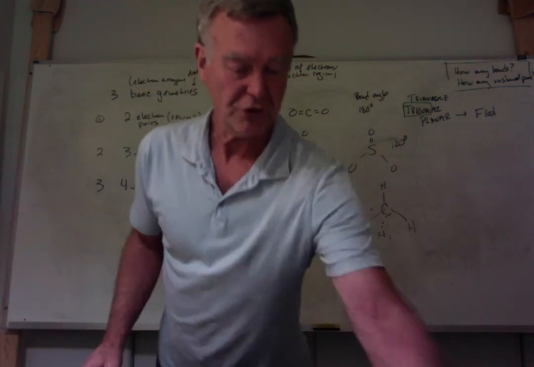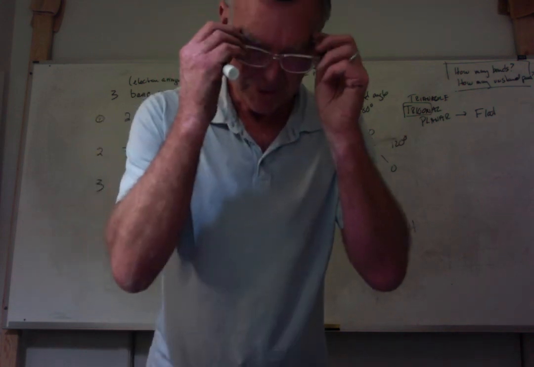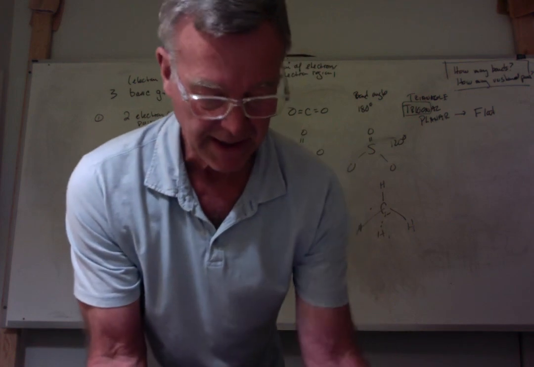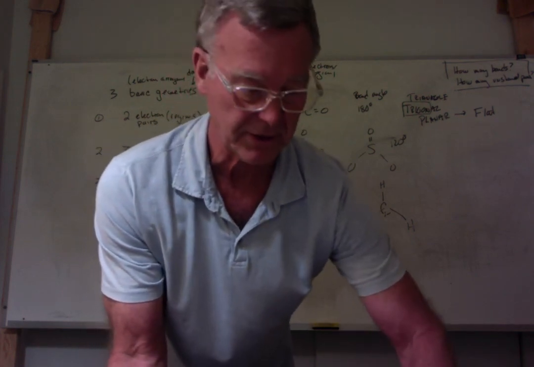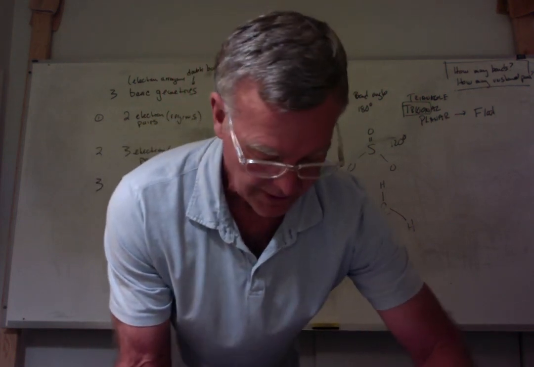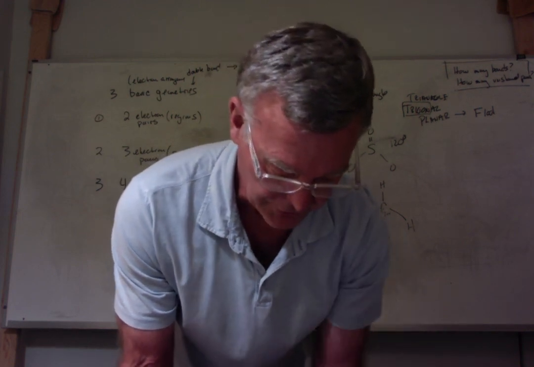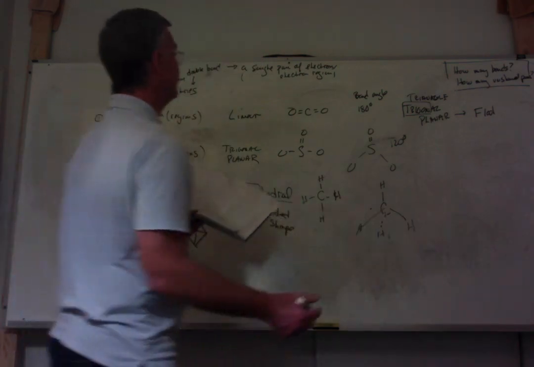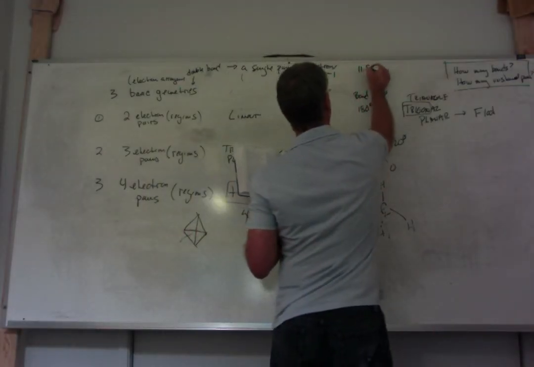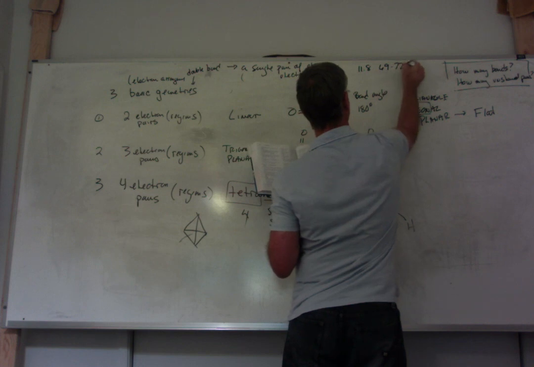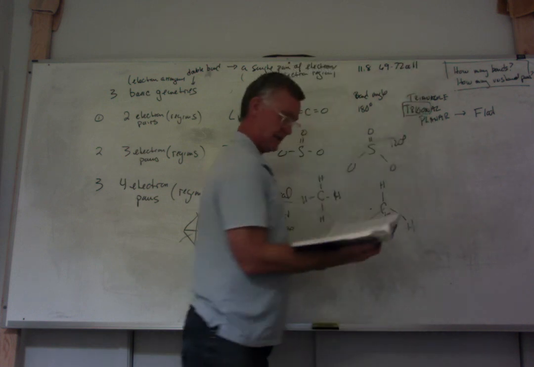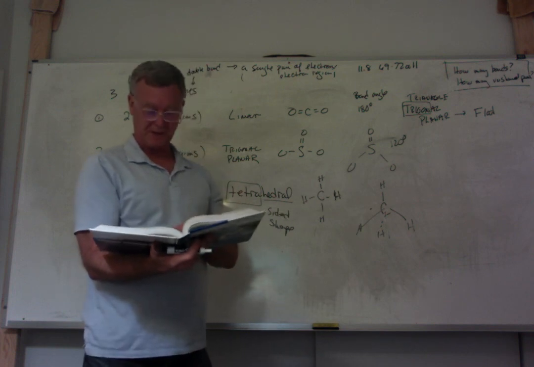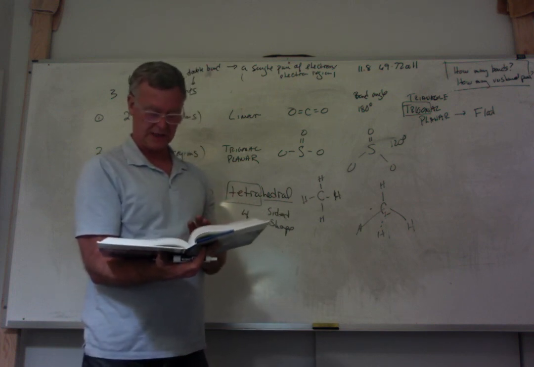So what you need to do for me is read section 11.8. And then there will be an assignment, sorry, I'm kind of close to the camera there, that we're going to try. And that would be problems 69 through 72. So 11.8, 69 through 72 all. And I'm sure there's going to be questions about those, but the number 69 you can pull out of the book.